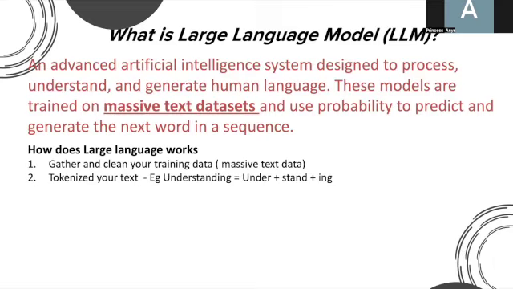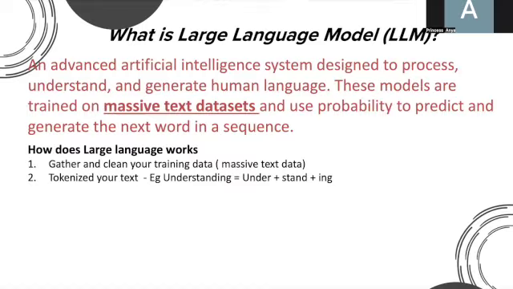Each token is given a token ID. For instance, we have the word understanding. Understanding is broken into chunks. The first chunk is under, the second one is stand, and the last one is ing, and each can be assigned a different token ID.